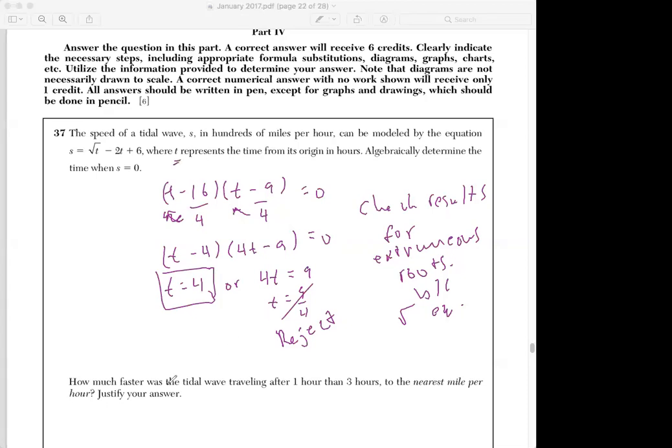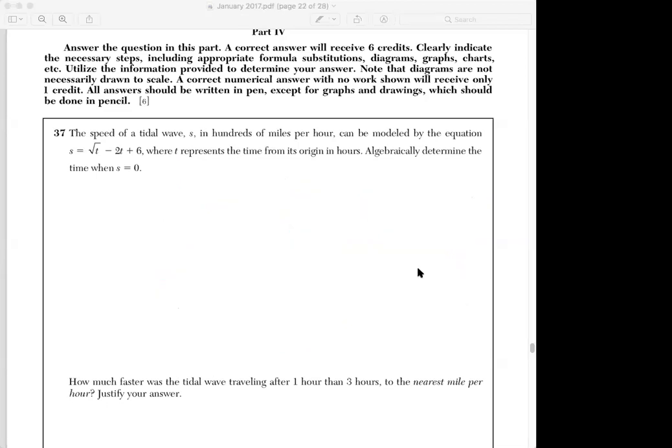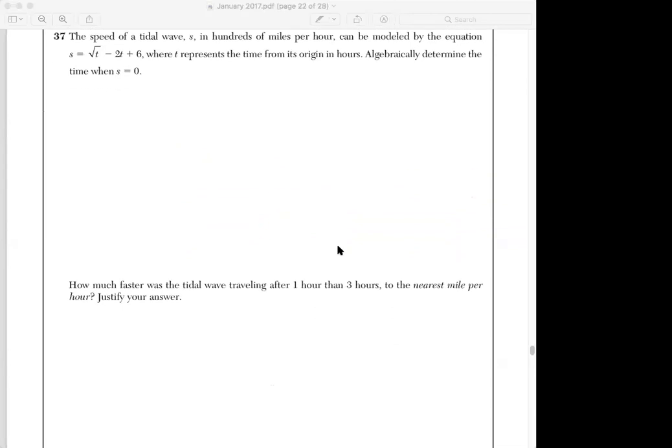Okay, how much faster was the tidal wave traveling after 1 hour than 3 hours to the nearest mile per hour? Justify your answer. That means show work. So we have to substitute this in. So s equals the square root of 1 minus 2 times 1 plus 6.